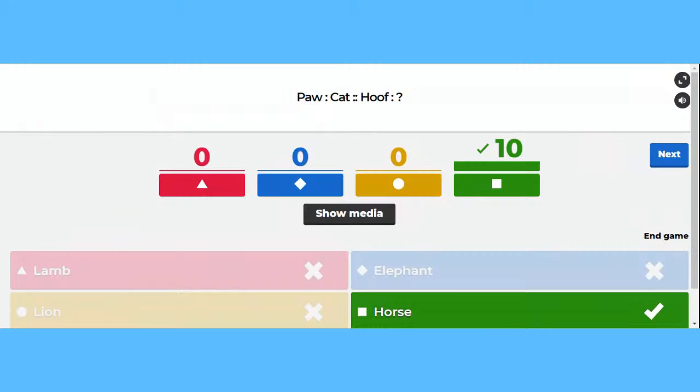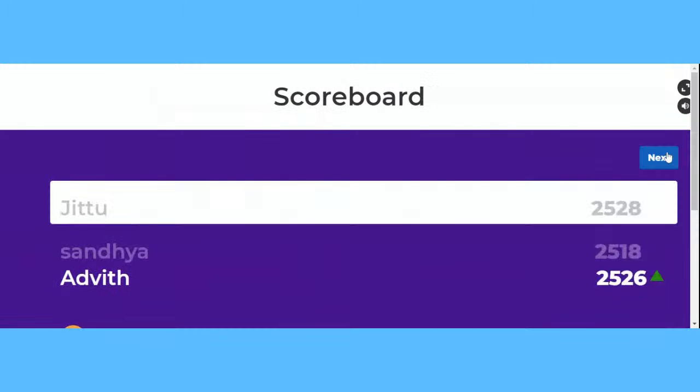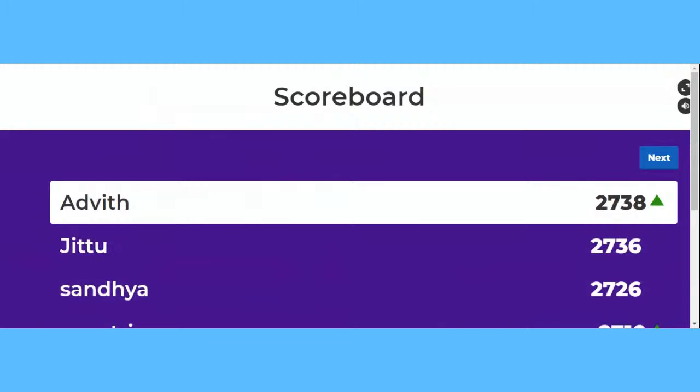I have got 10 correct answers. Now let's check the scoreboard. Now Advait is in the first position and Jitu and Sandhya are next. And now let's go to the next question.